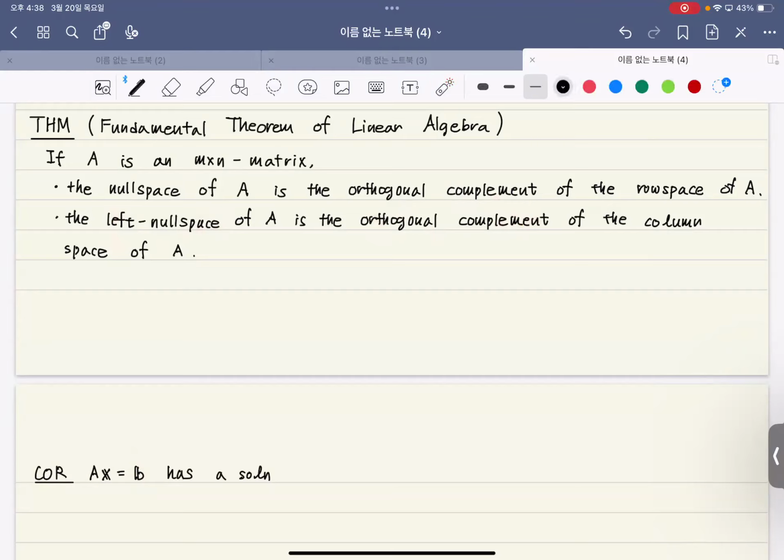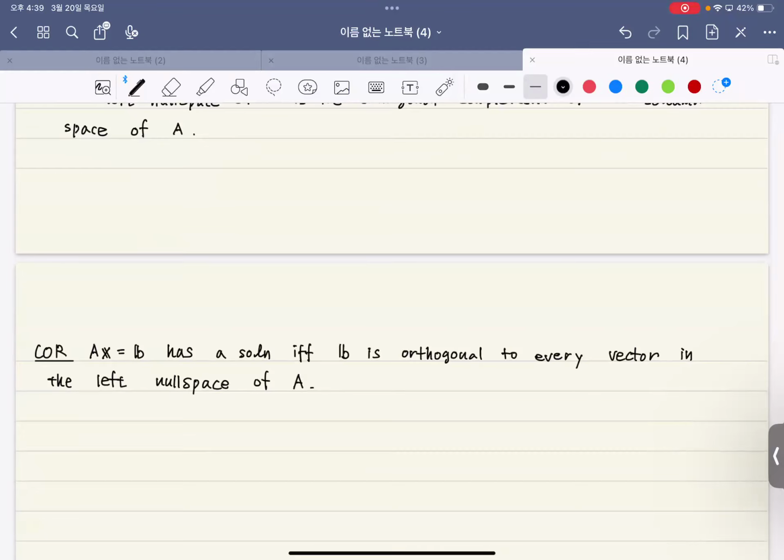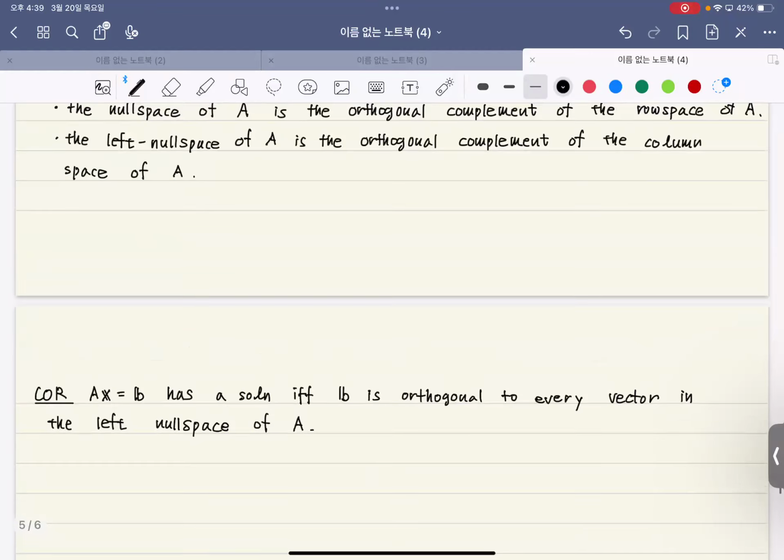So this system has a solution if and only if b is orthogonal to every vector in the left null space of A. Not a big deal. I'm just paraphrasing every statement in terms of the orthogonal complement.